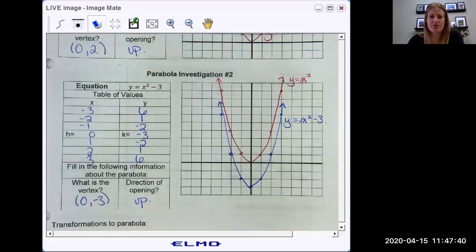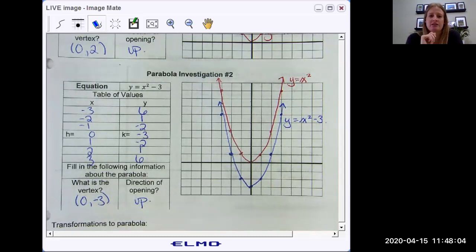Yeah, it was lowered 3 units. Is there a connection to the equation, do you think? Can you connect that to a certain part of the equation that we're given? K is negative 3. Amazing.